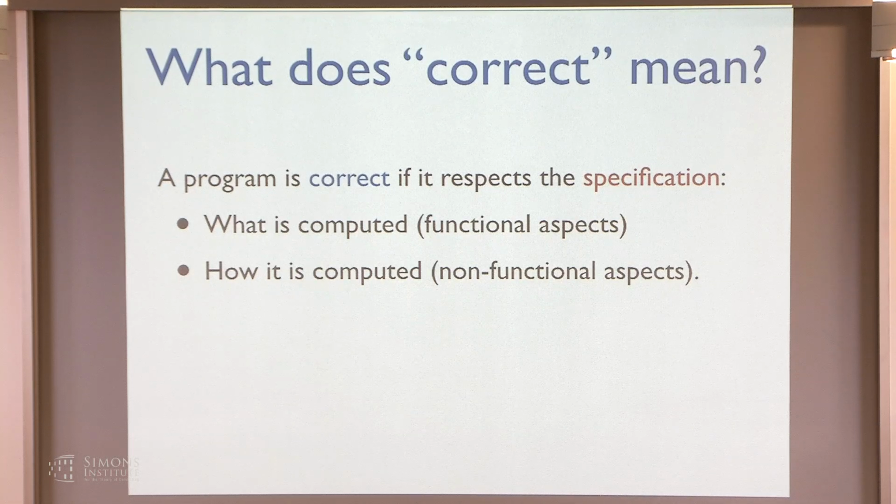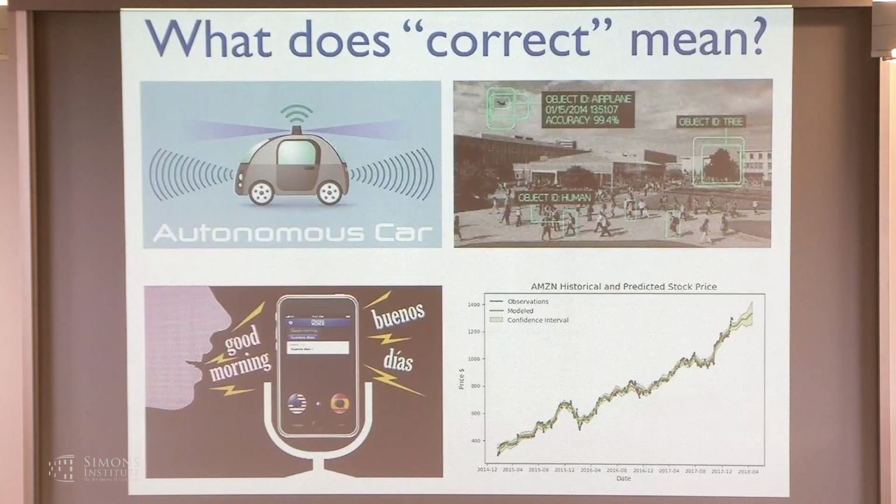Now, the problem is that what correctness means is not always easy to formalize. So if we take again some application like the ones that are hot nowadays, like autonomous driving, or software for recognition and so on, what do we mean here by correctness?